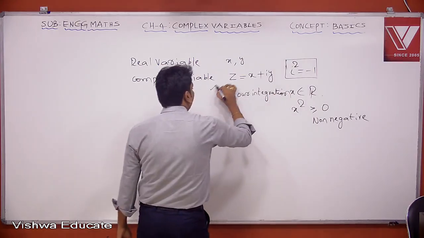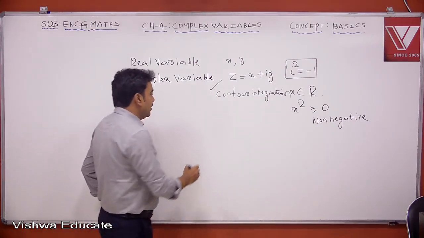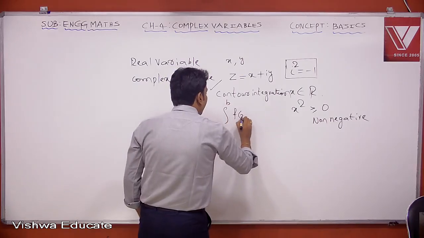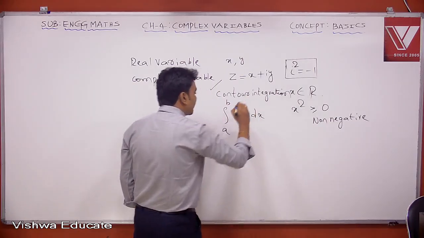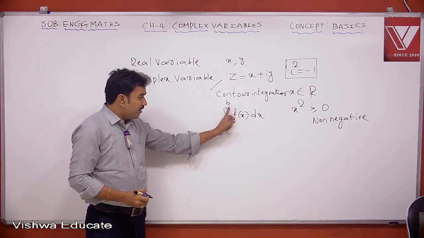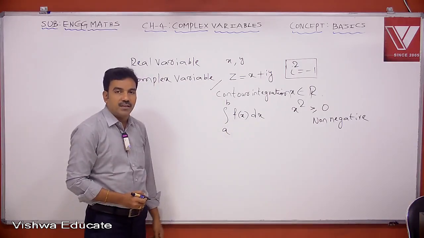Let us see what contour integration is. In case of real numbers, generally in case of integrals we use the symbol integral a to b f of x dx. That means we were discussing the area bounded by f of x between the lines x equal to a and x equal to b.